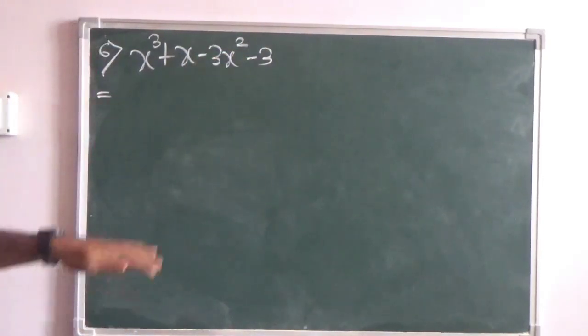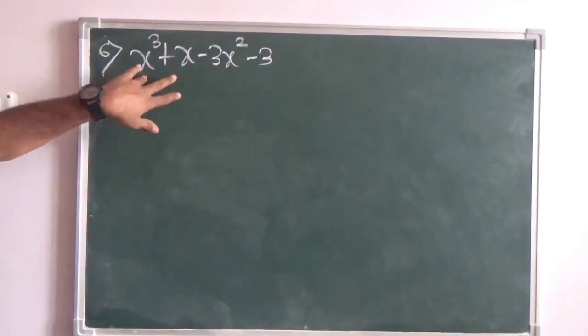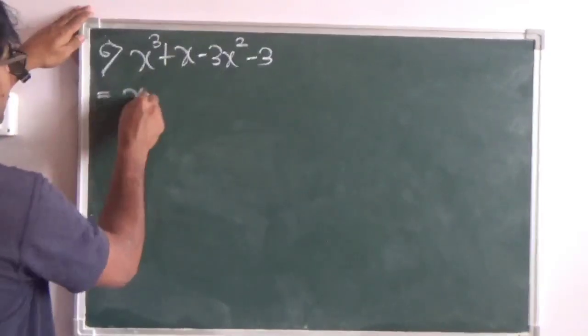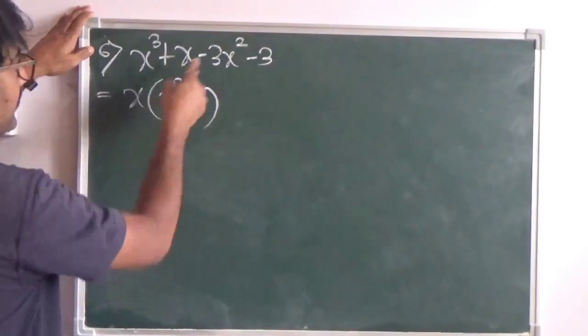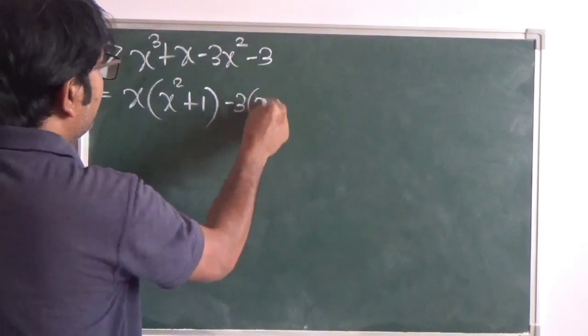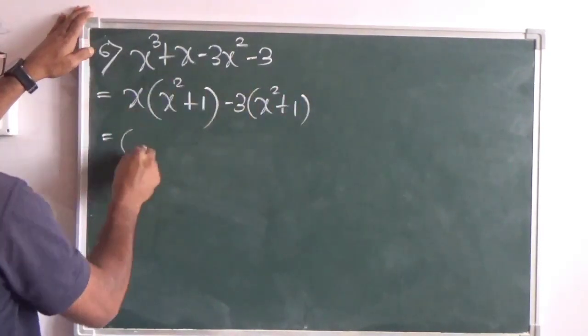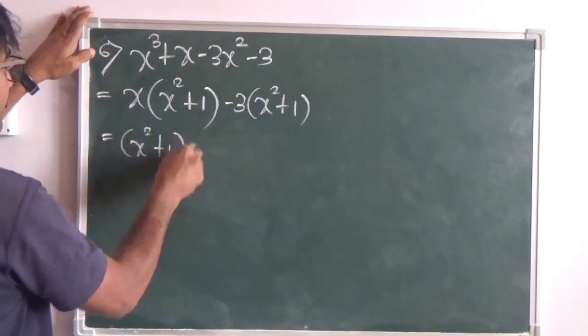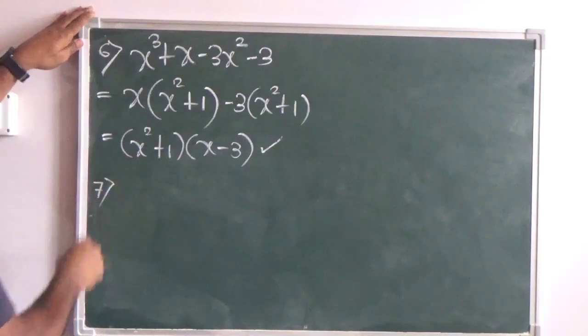If you take common from here, we can take x. If you take x common, we have x square plus 1. If you take minus 3 common, again we have x square plus 1. So from these two we have x square plus 1 common, then we will be left with x minus 3. So there it is.